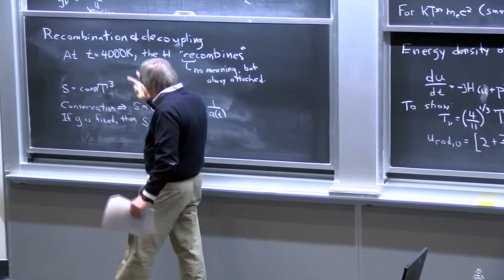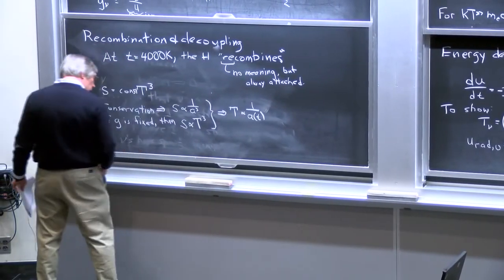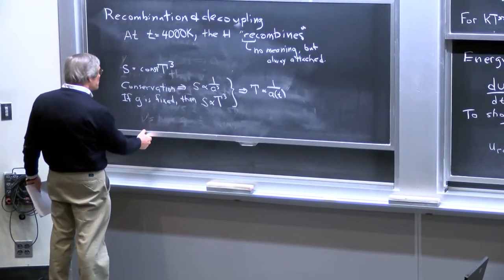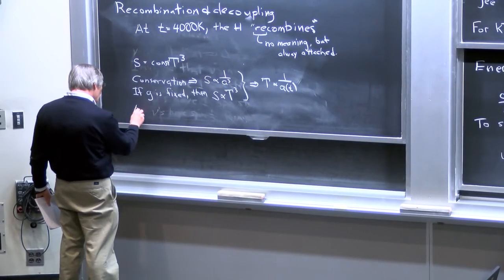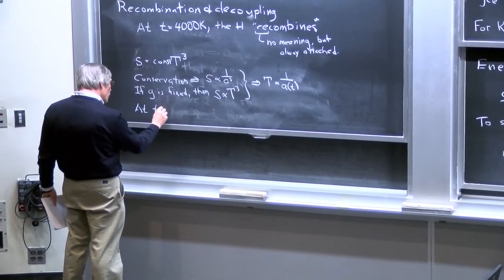Okay, so we said that recombination occurs at 4,000 degrees. There's actually another number that's more interesting, which is decoupling, which is slightly colder.